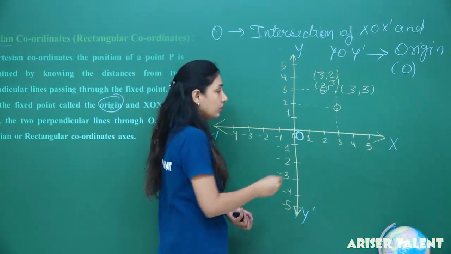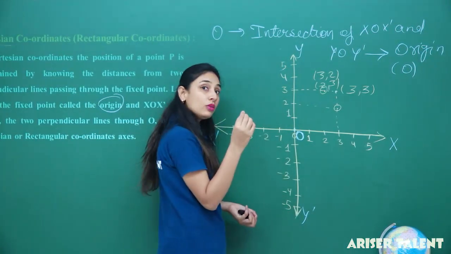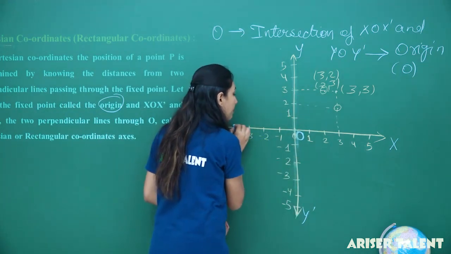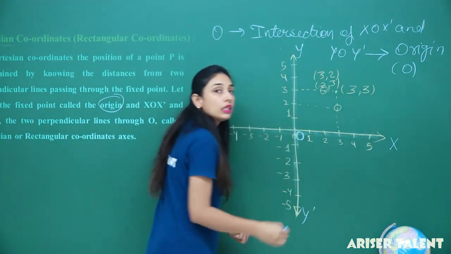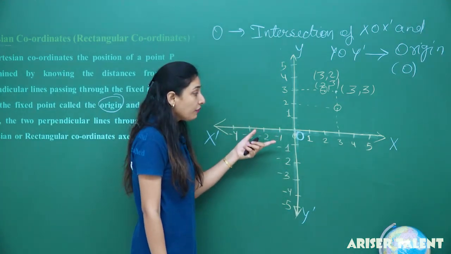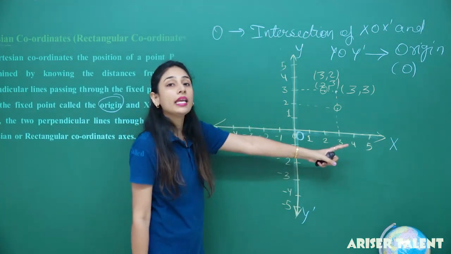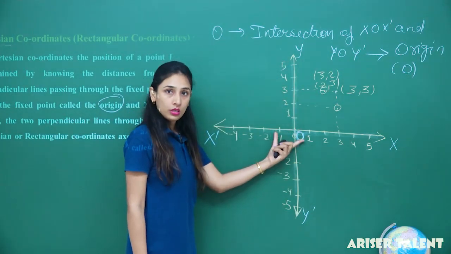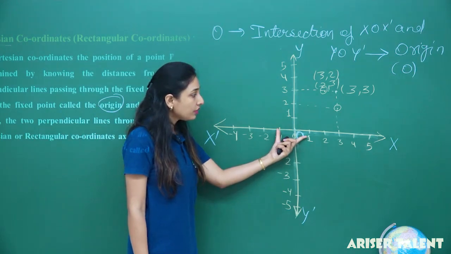Now, this is O, and these two lines are perpendicular to each other. I told you when I was drawing this that this is a line and I made a perpendicular line to it, so they are perpendicular to each other.